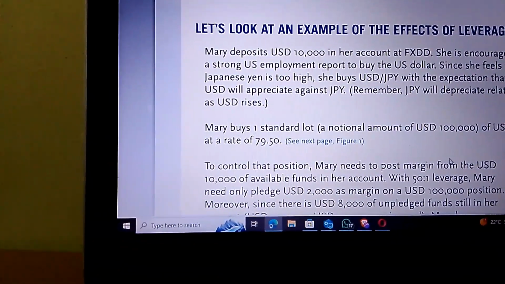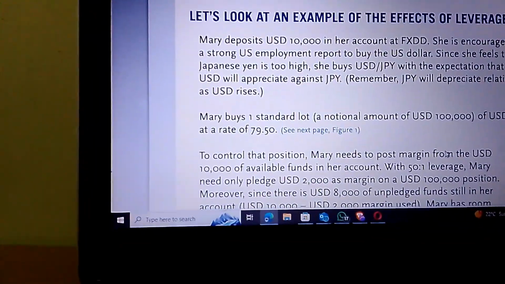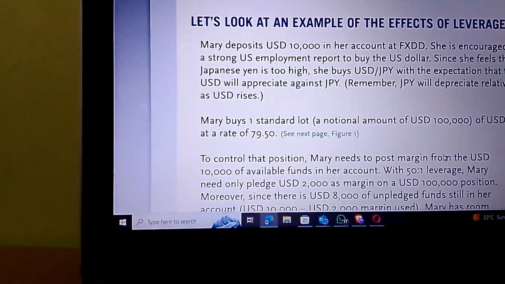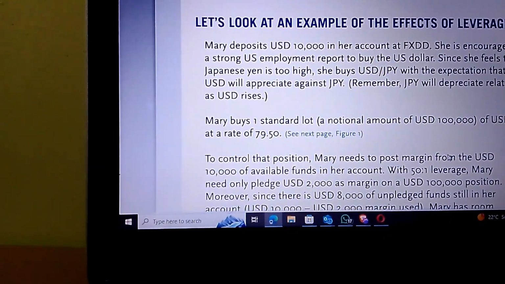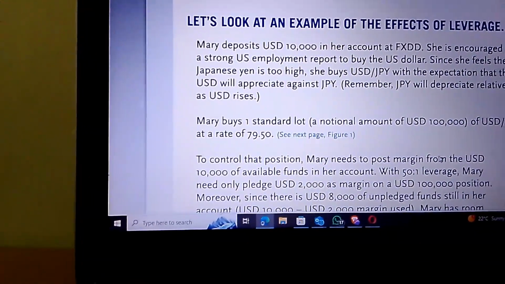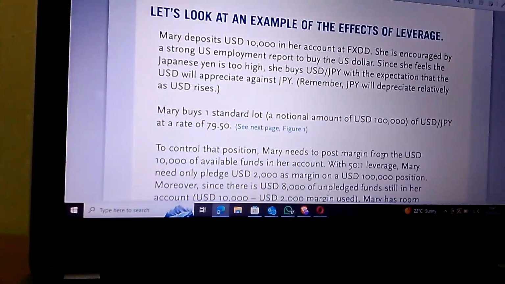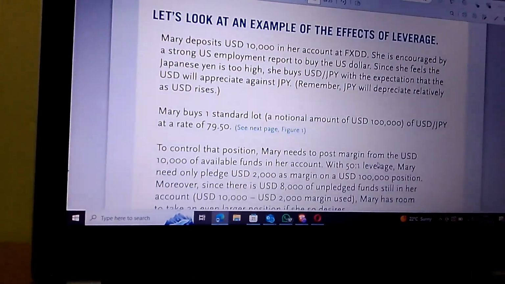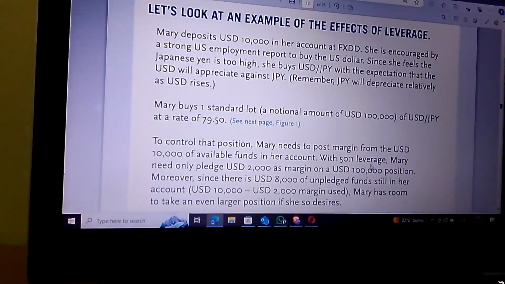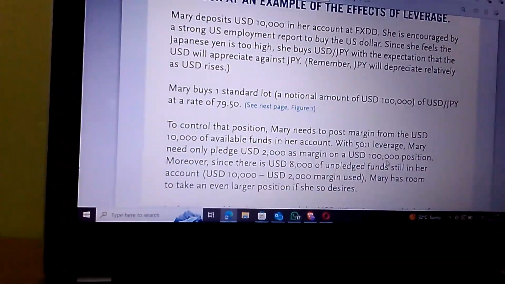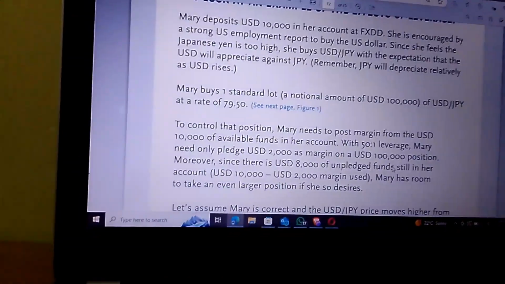Let's look at an example of the effects of leverage. Mary deposits $10,000 USD in her account at FXDD. She's encouraged by a strong US employment report to buy the US dollar. Since she feels the Japanese yen is too high, she buys USD JPY with the expectation that USD will appreciate against Japanese yen.